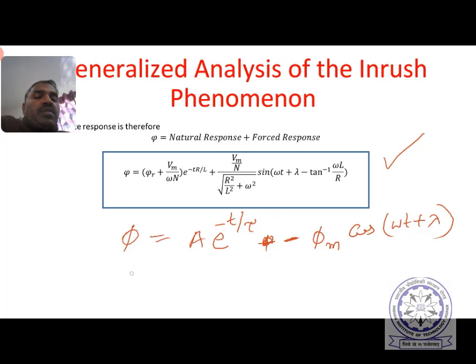So at different instances we can find the value of A. Okay, so for example at t is equal to 0, if the flux is 0, suppose if φ is 0 at t is 0, then A becomes, if you substitute and make the flux 0, A is equal to φm cos λ.